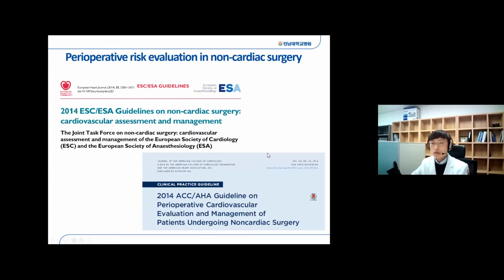In 2014, the European and American societies of cardiology and anesthesiology published clinical guidelines for cardiovascular risk assessment and management in non-cardiac surgeries.